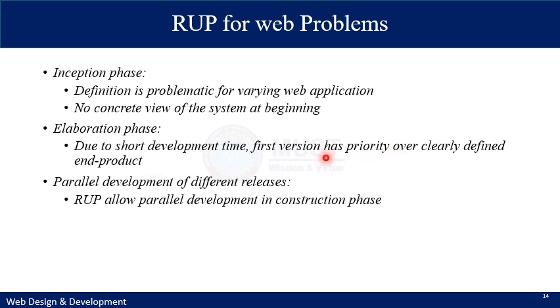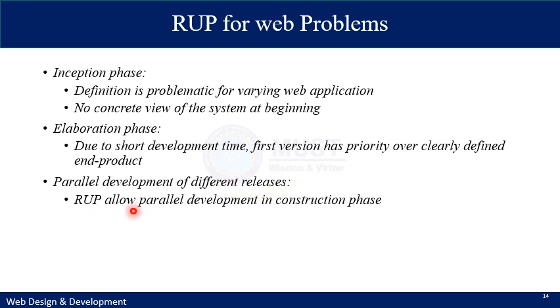Your first version need not meet the end product requirements. This phase allows you to develop fast and deploy very early in the end user environment. It also allows parallel development of different releases.